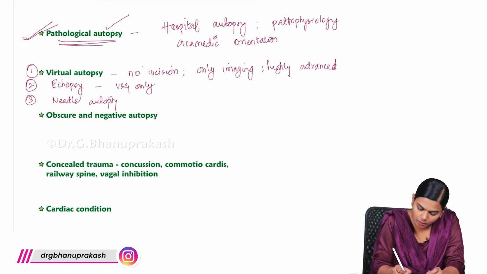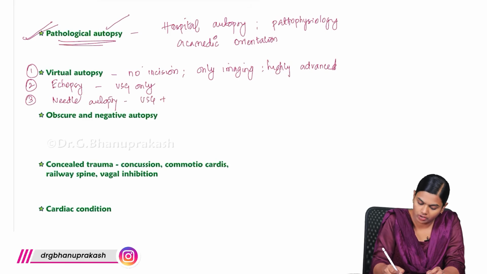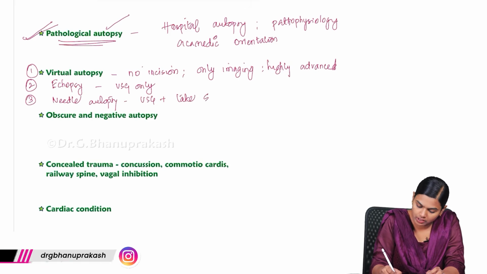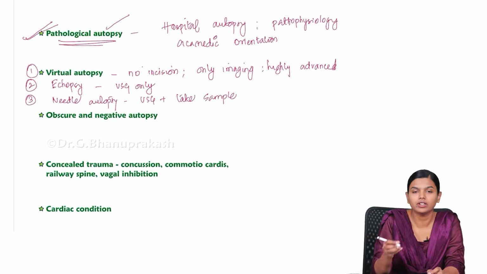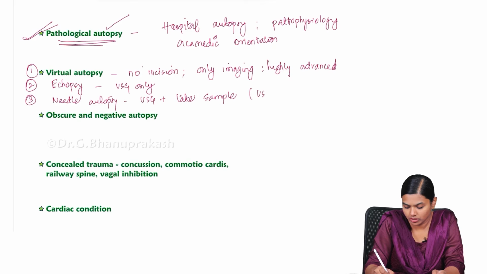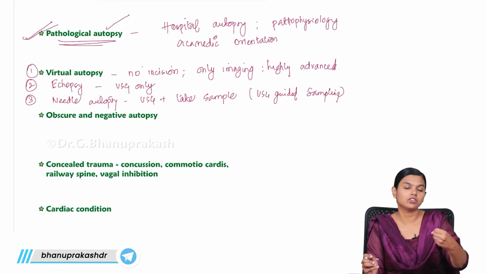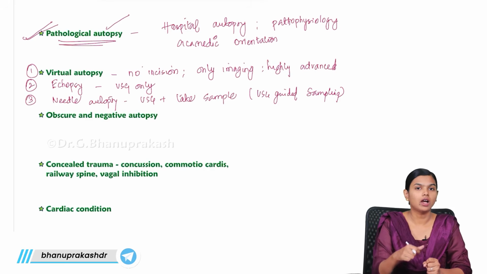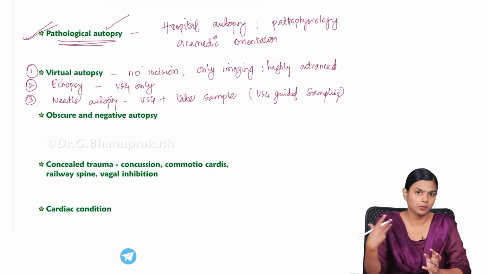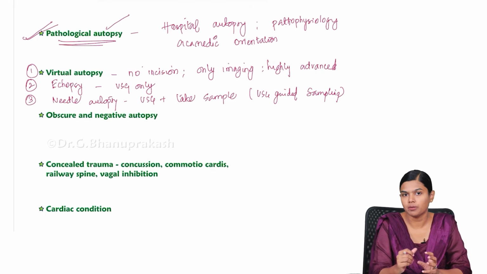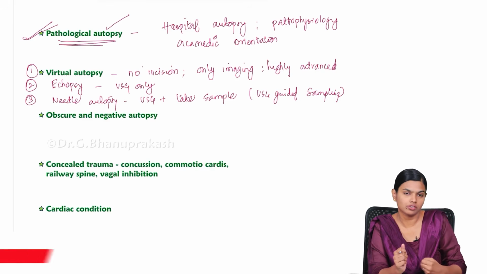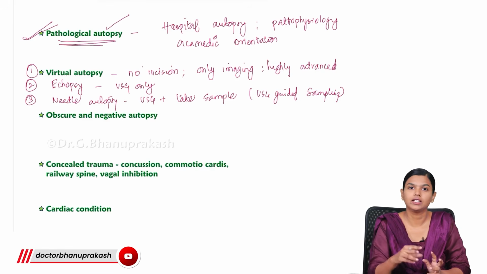And next what we have is needle autopsy. In needle autopsy, you will do ultrasound and you will take samples. So, this is ultrasound guided sampling. If you need blood, you will guide the needle with ultrasound and pierce the heart or any blood vessel and remove blood. If you want a liver sample, through the ultrasound guidance, you will take out the liver sample.